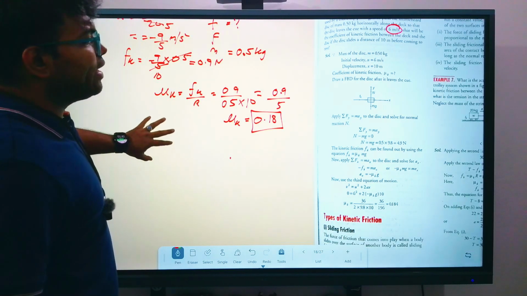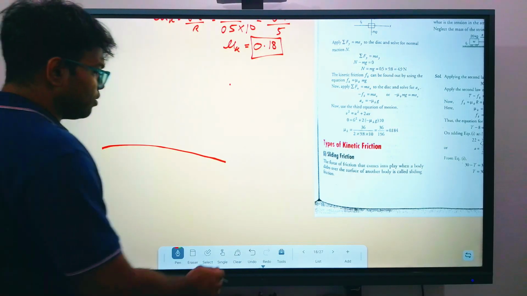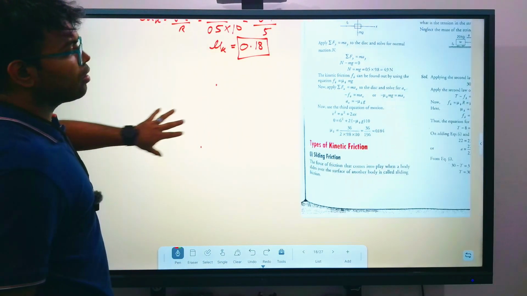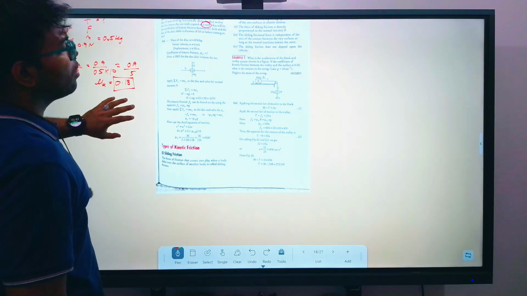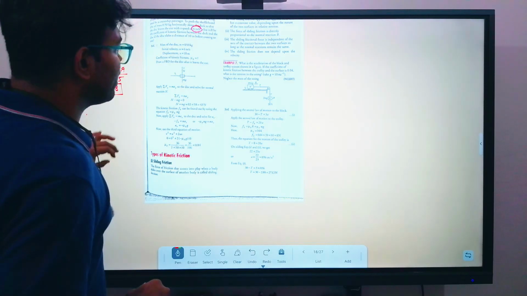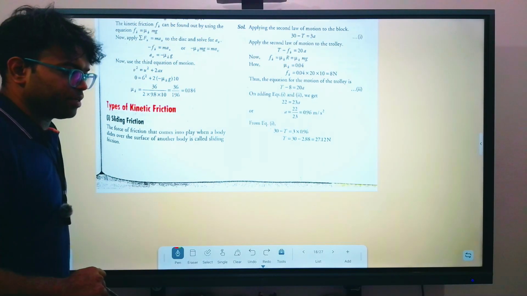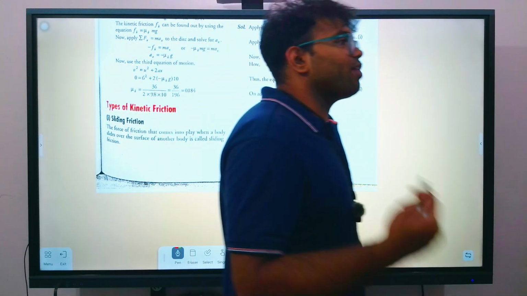Now, this is the next topic. We will do till example number 7. After that we'll continue this in the next class. Now, types of kinetic friction. There are two types of kinetic friction.